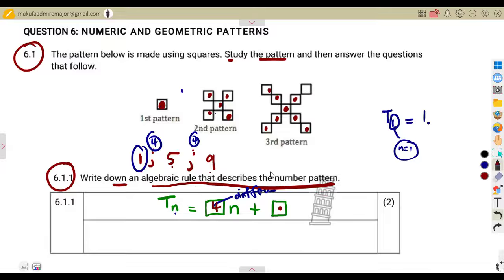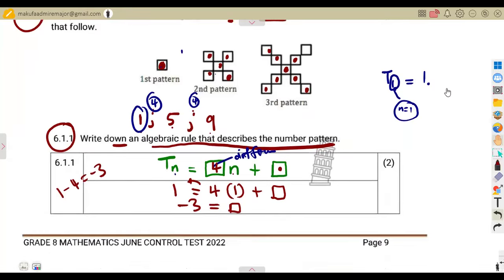So when n is 1, it's 4 times 1 plus what we do not know here. So 4 times 1 is 4, then we transpose it. This side is going to be 1 minus 4, which is minus 3. So minus 3 is equal to the number that we do not know.